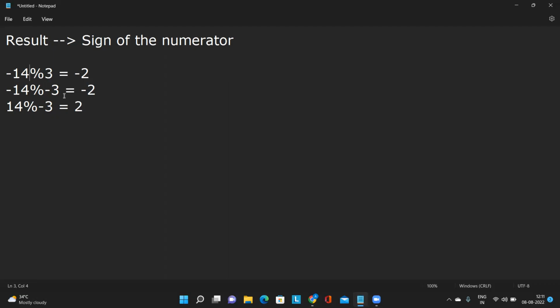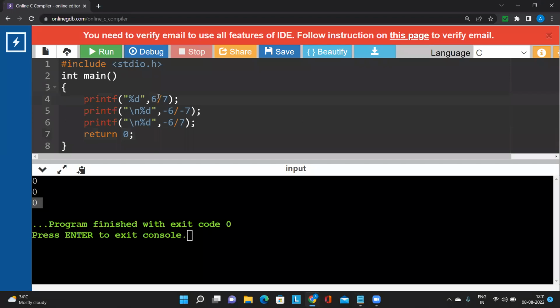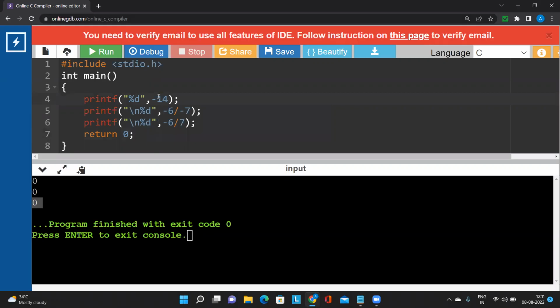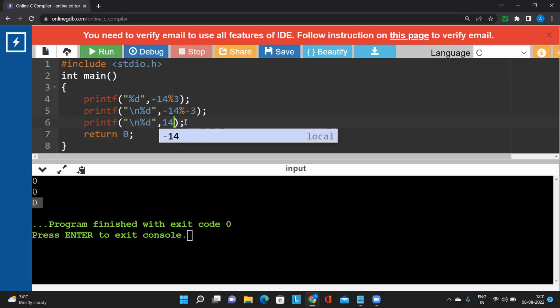Right. Okay. Let us execute this also. Let us just say minus 14 modulo 3, then minus 14 modulo minus 3, and 14 modulo minus 3.